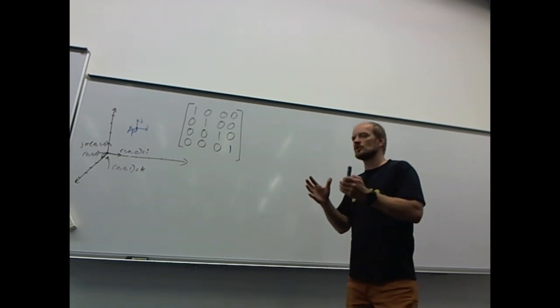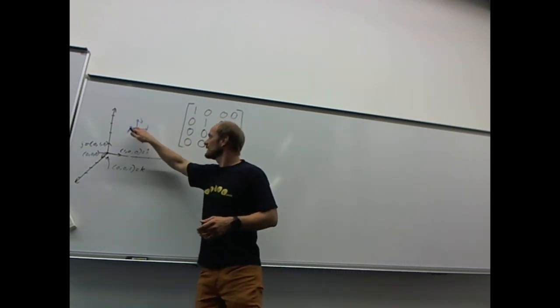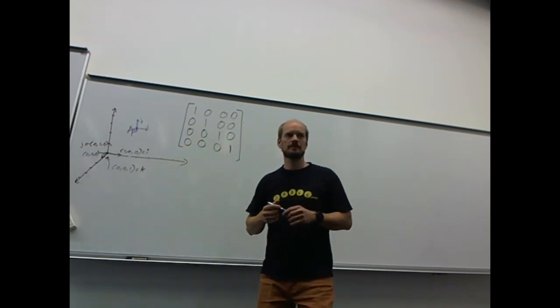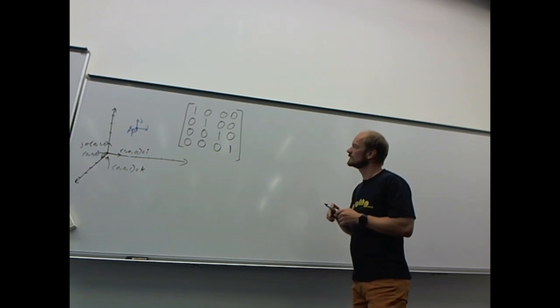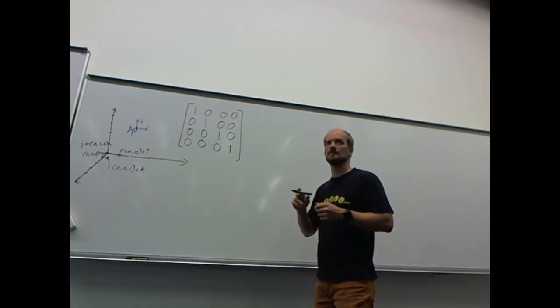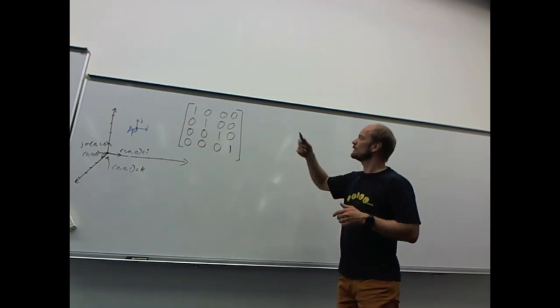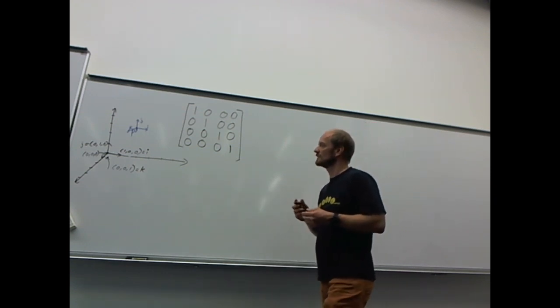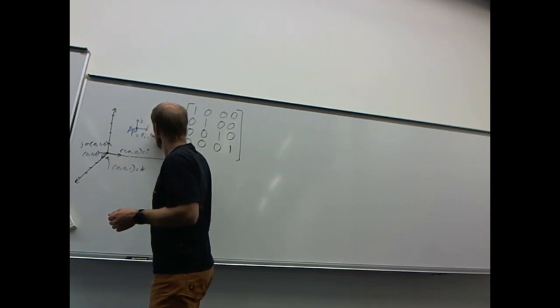So I just want to translate, I just want to move. You take the identity matrix with the position added. So P is Px, Py, Pz.